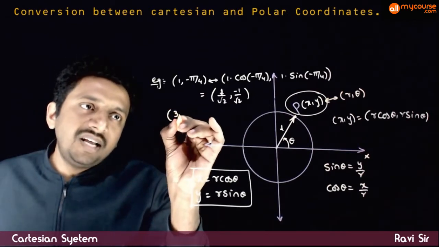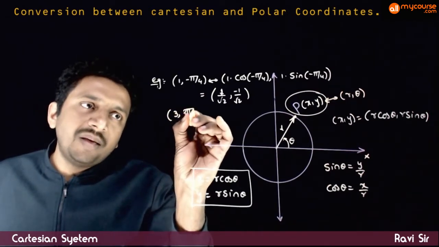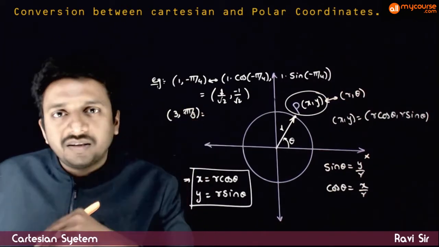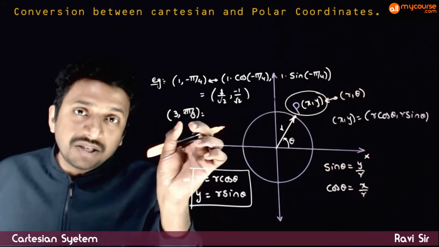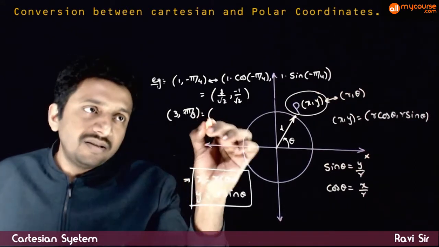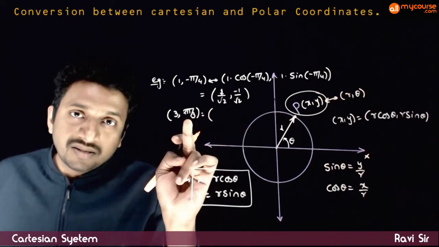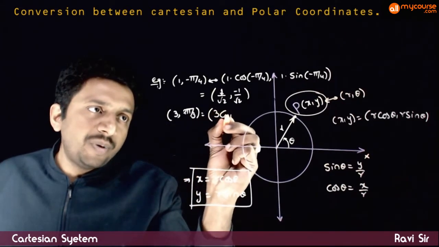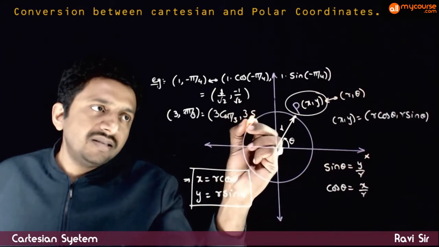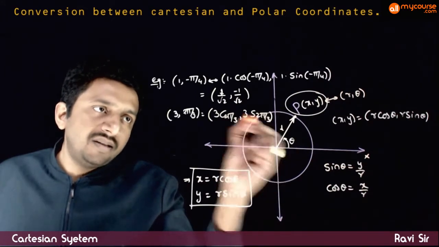Next, if you have 3 comma 2 pi by 3, these are the polar coordinates. What are the Cartesian coordinates of the same point? r times cos theta, r times sine theta. That is 3 cos 2 pi by 3 and 3 sine 2 pi by 3.